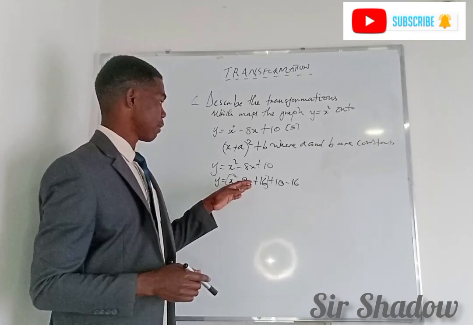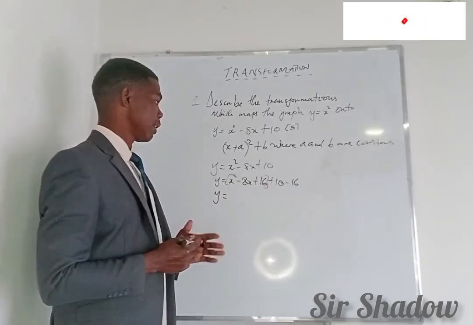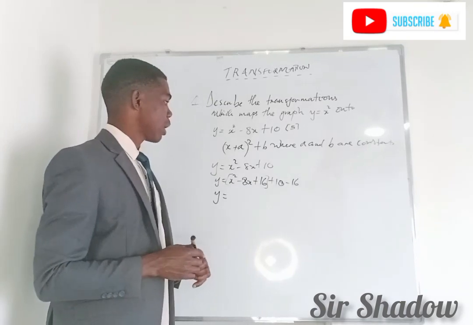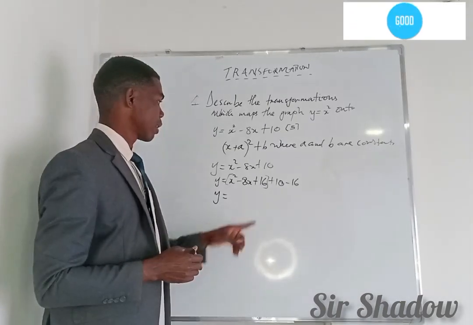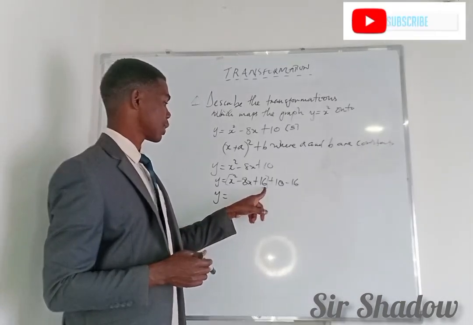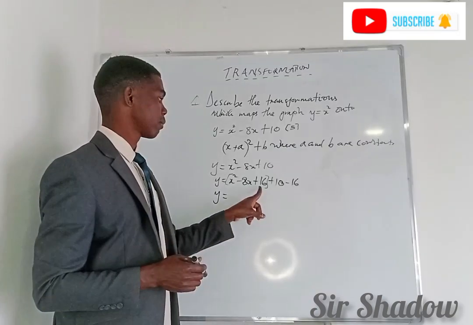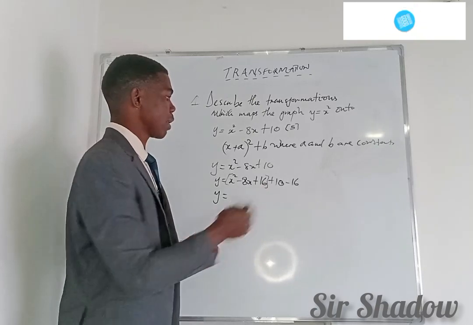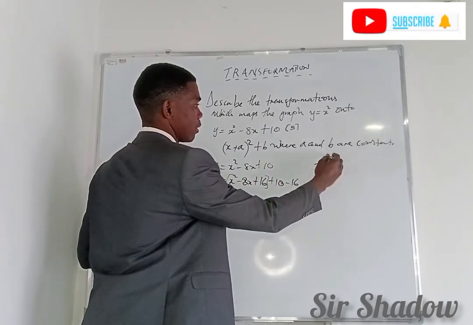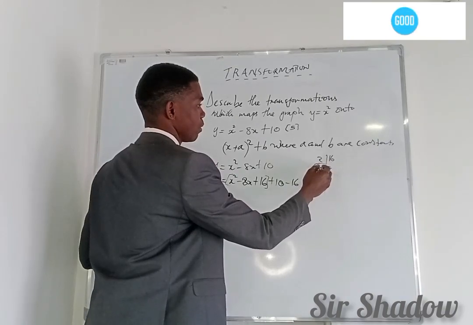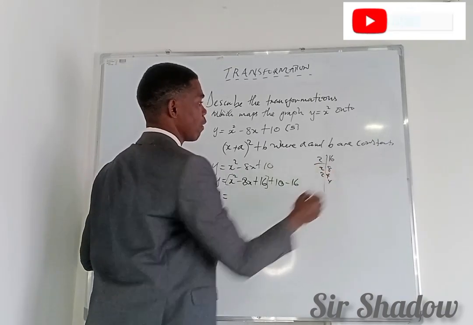Let's factorize. Factorizing this one, we need the factors of 16 which will give us minus 8.